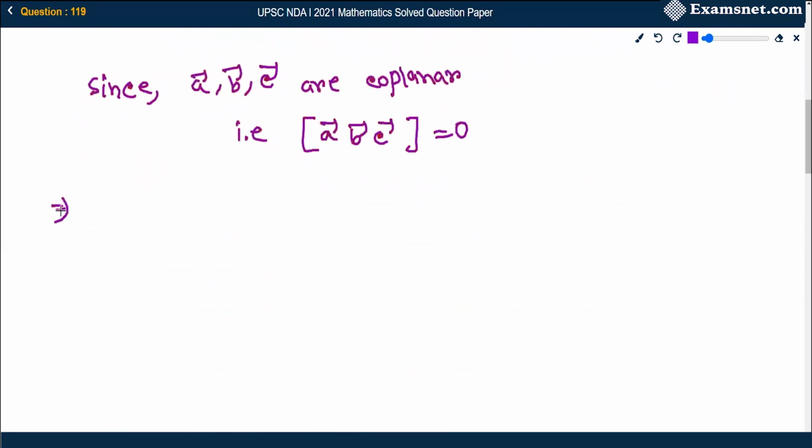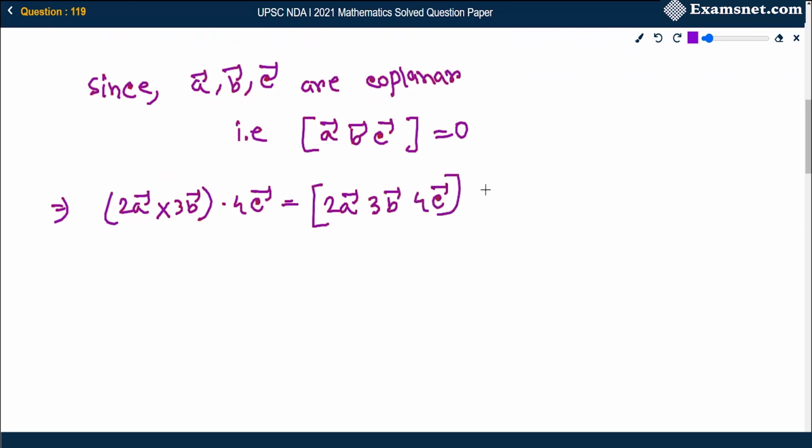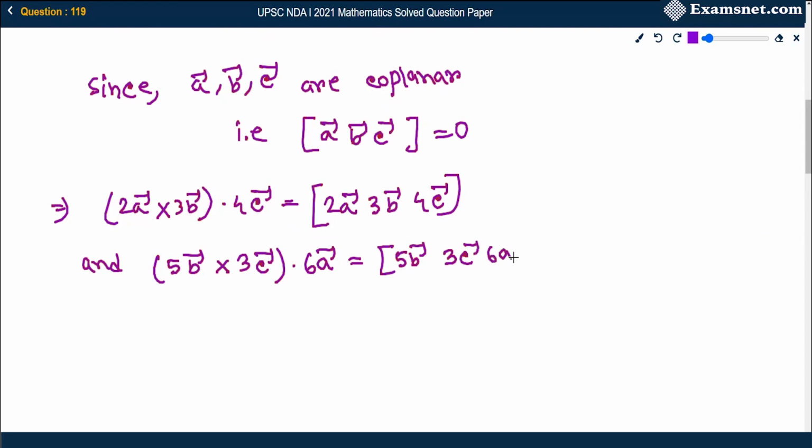Now next, we have [2A, 3B, 4C] vector and [5B, 3C, 6A] vector. So, okay, now let's write the given expression.